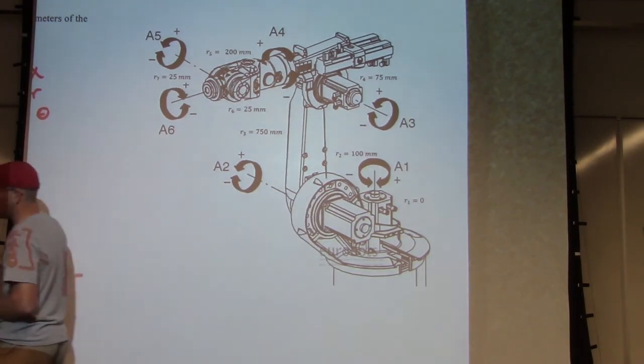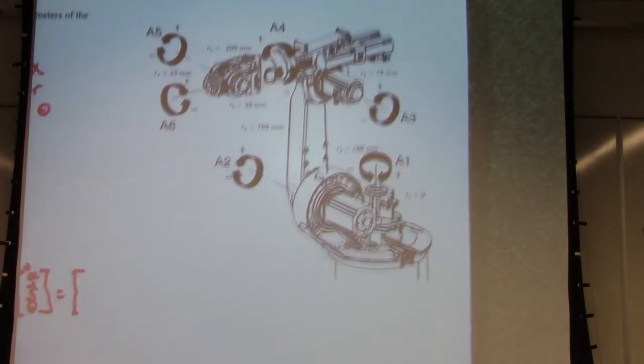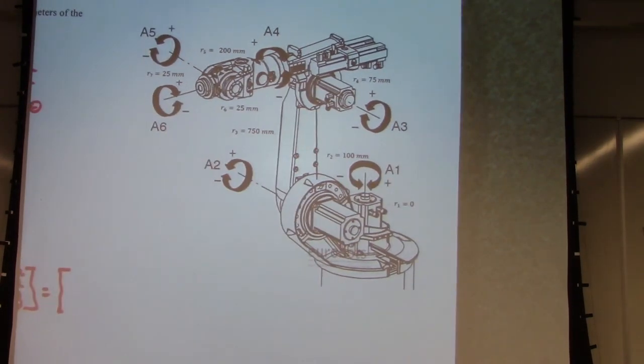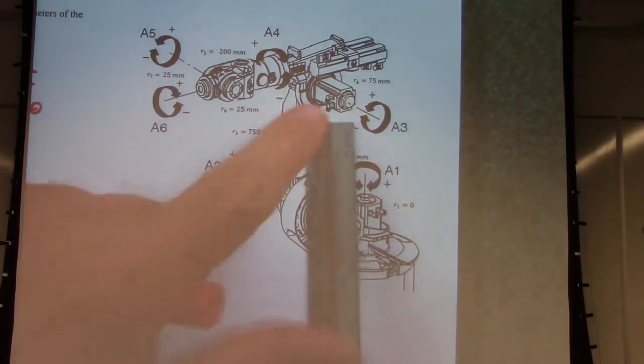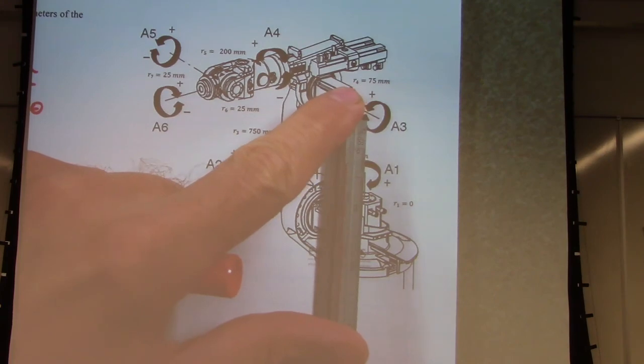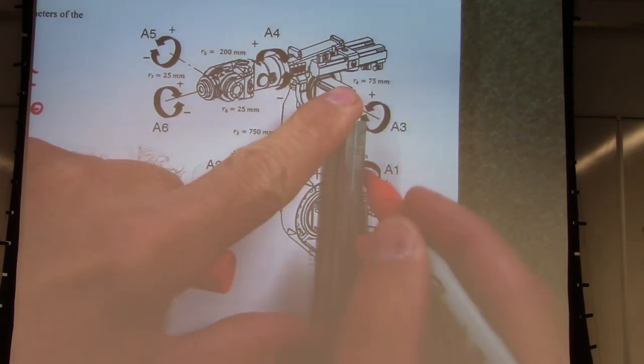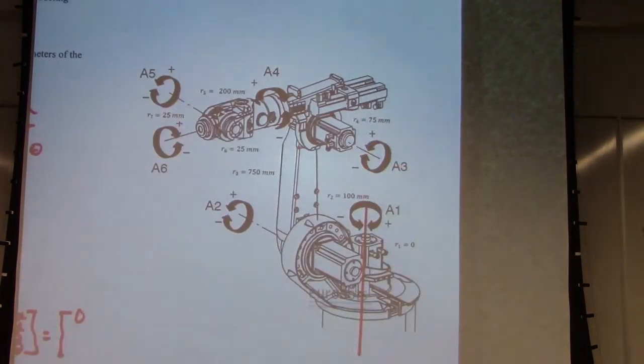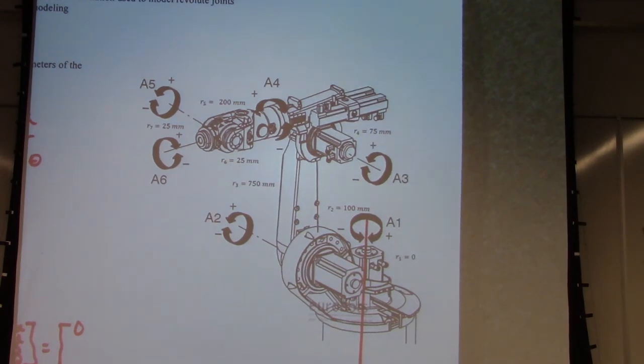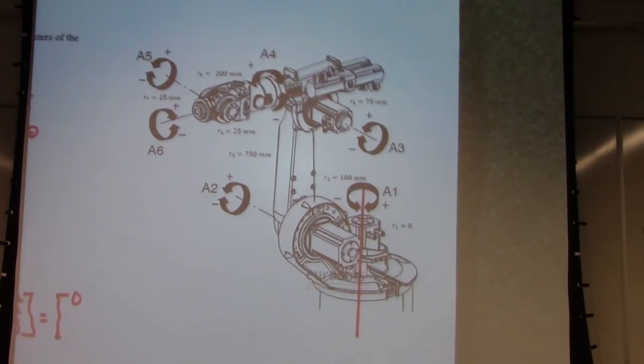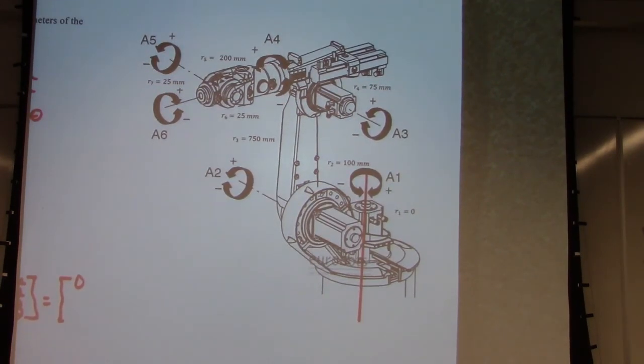So we can say that in this first joint, A1, our link twist is 0, okay? So let me just go ahead and draw in the Z-axis here. There's the Z-axis for us. Okay, how are we going to go through and find the link length then?